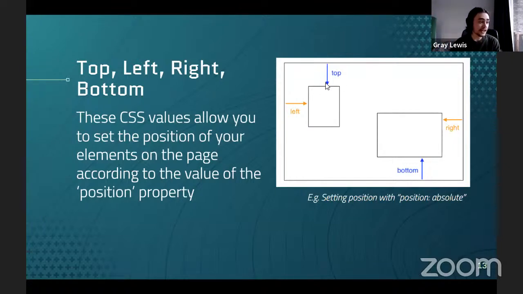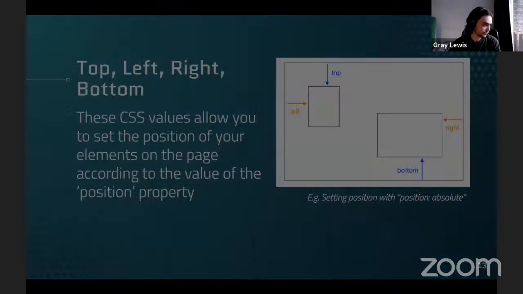And obviously the same for the top, bottom, and right positioning for their corresponding directions. And like I said, these top, left, right, and bottom values will be interpreted slightly differently based on which positioning method we'll be using: absolute, static, relative, sticky, etc.